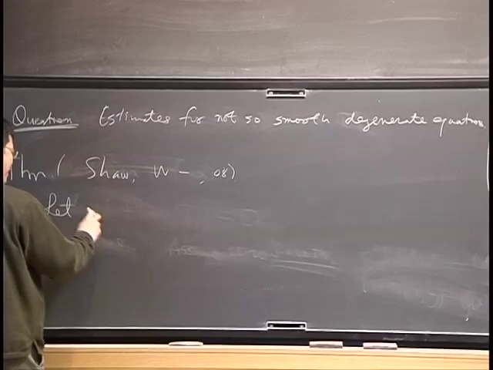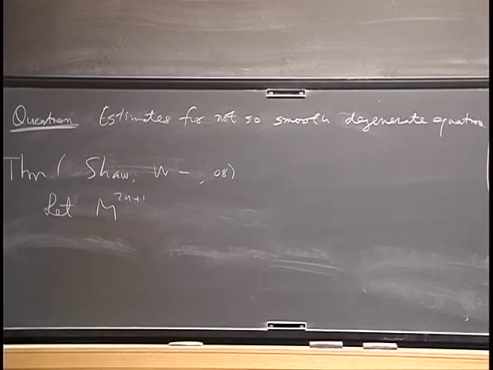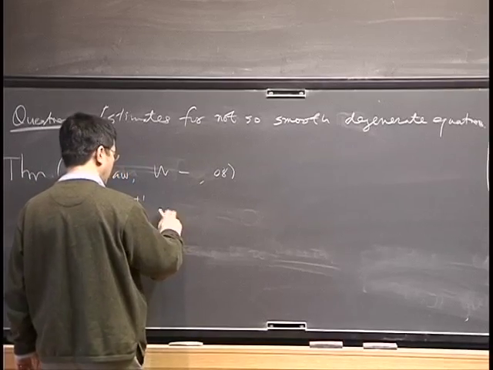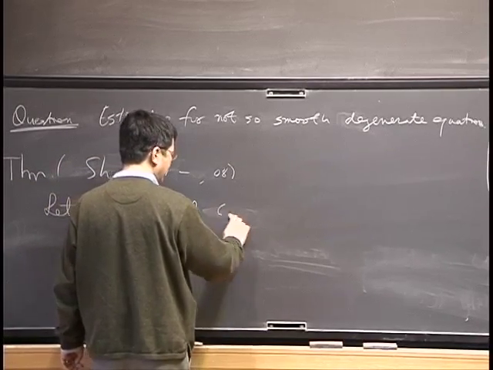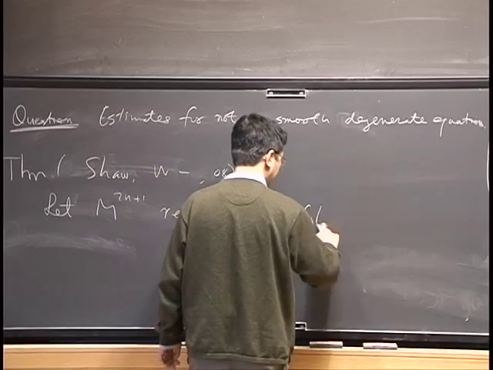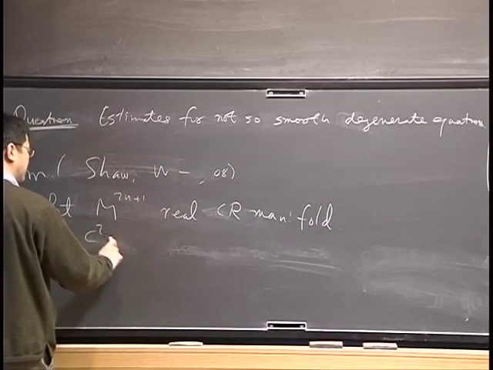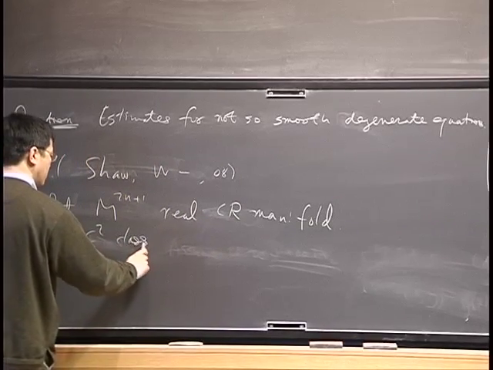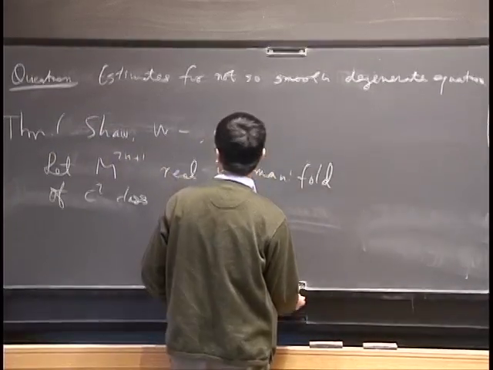So let M be a 2n plus 1 dimensional real CR manifold of, say, C2 class. It's kind of hard to explain. So what does that mean?